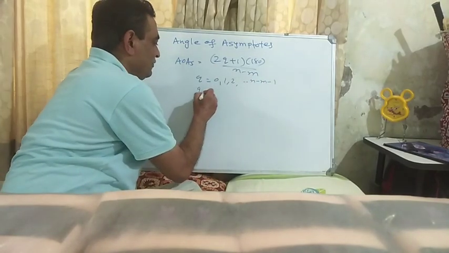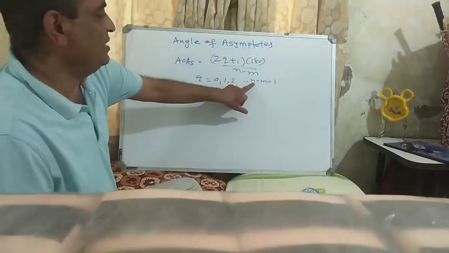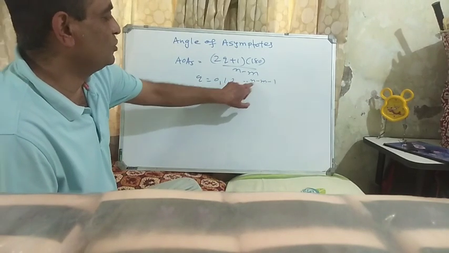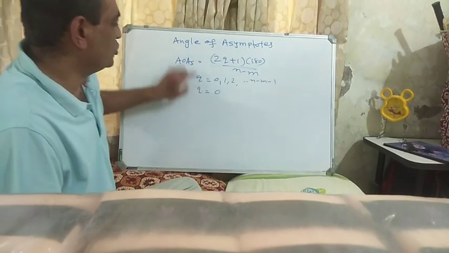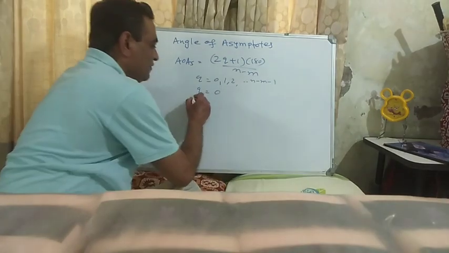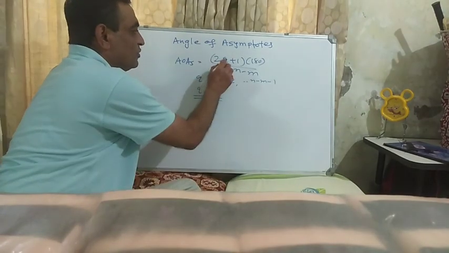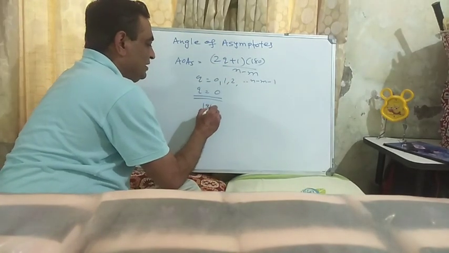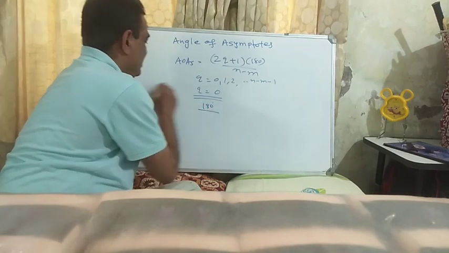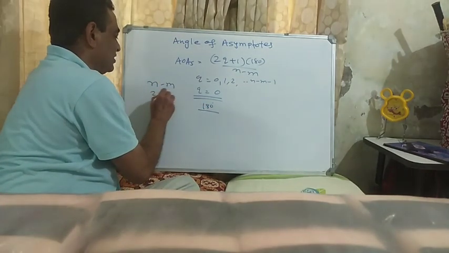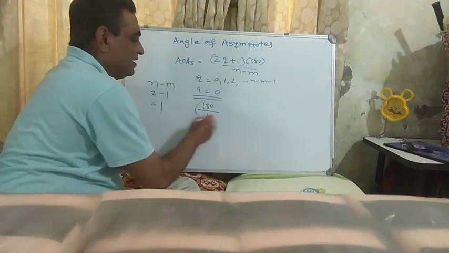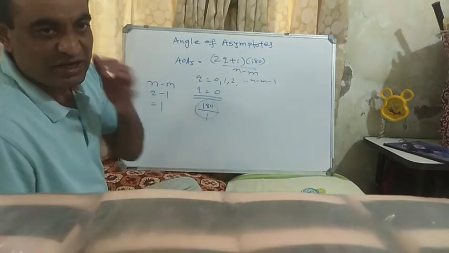So this q will go up to 0, because n is 2, m is 1, 2 minus 1 is 1, 1 minus 1 is 0. So there is only one asymptote. If I put q is equal to 0, then it is 180 divided by n minus m. N minus m was 2 minus 1, which is 1. So 180 degree is the angle of the asymptote.